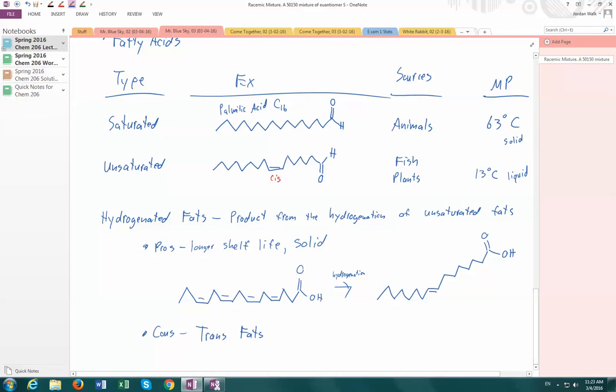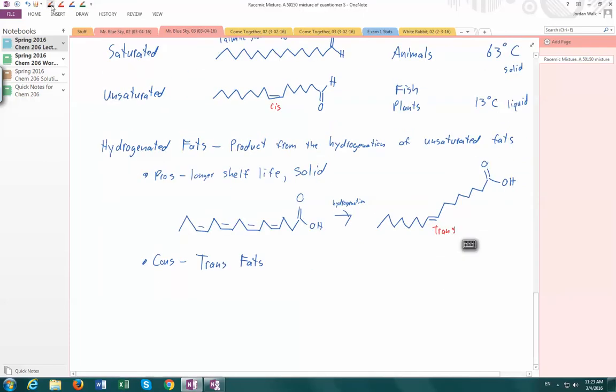We're successful to a large degree, but it's not a perfect process. And so we end up with trans double bonds here. When we have a trans double bond, those things have certainly been linked to heart disease and high cholesterol. Kind of a double whammy.